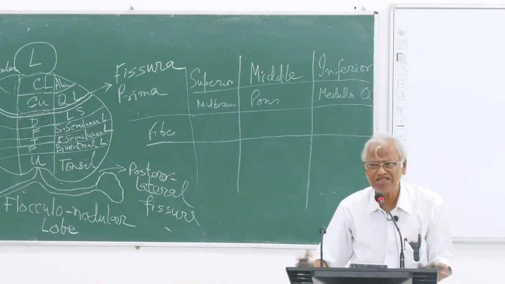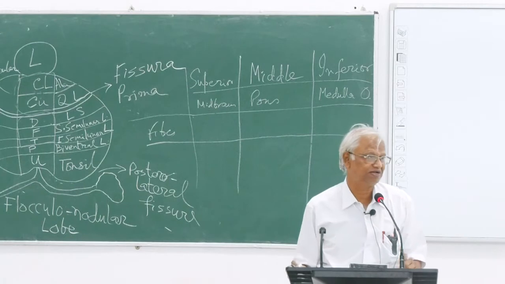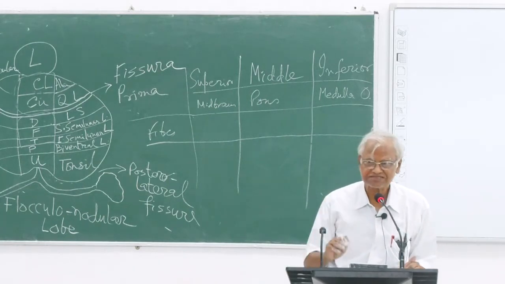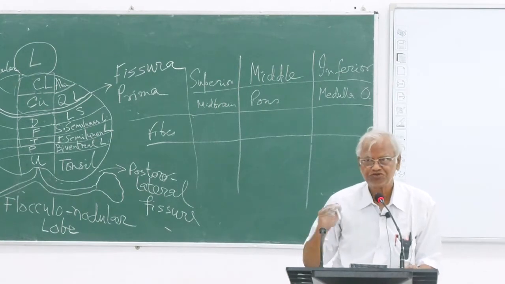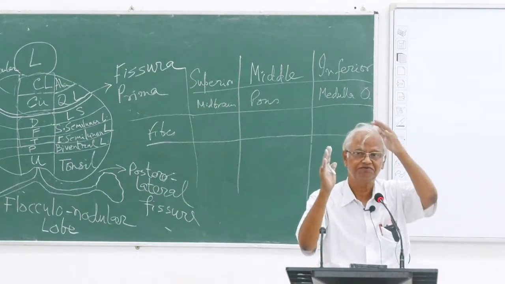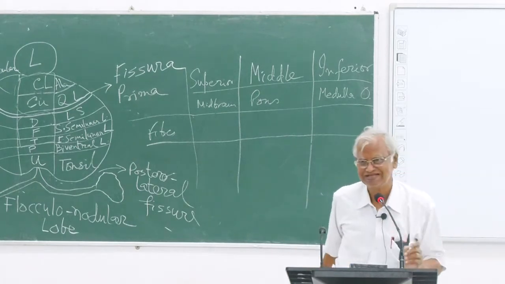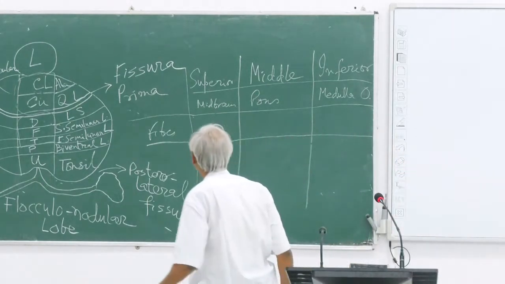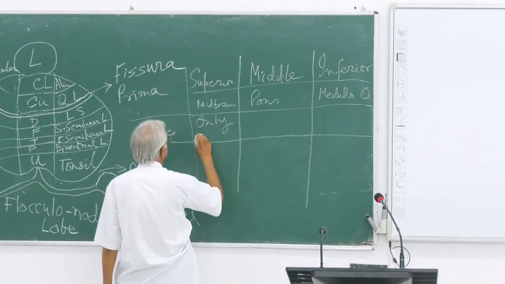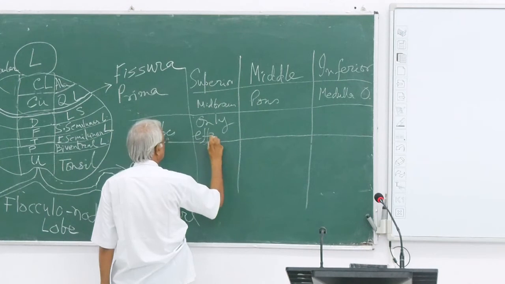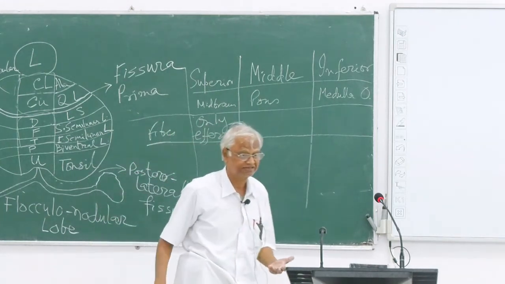It contains only efferent fibers, fibers coming out from the cerebellum through the superior cerebellar peduncle. We don't find any fiber coming from the midbrain, but all fibers going towards the midbrain. So only efferent fibers.